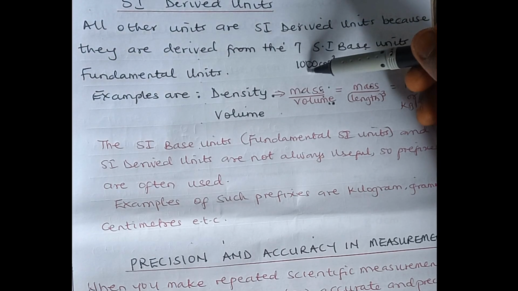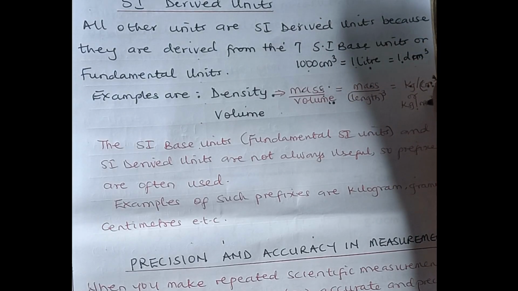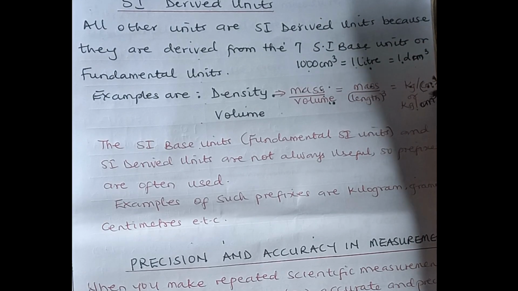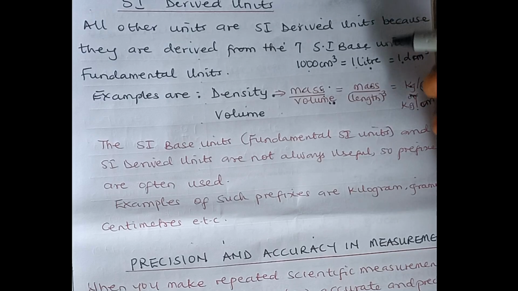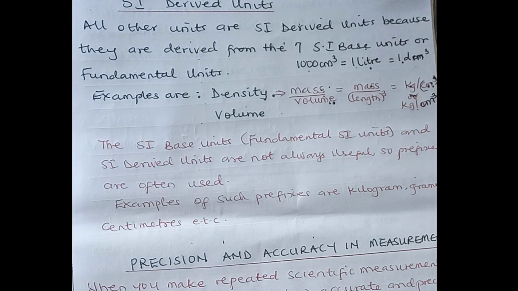So 2,000 centimeter cube is 2 dm cube, and that is 2 liters. So here we have kilogram per centimeter cube, which is the unit for density. So we can see here that density is not part of the fundamental units, whereas it was derived from the fundamental units, and the unit is kilogram per cm cube.